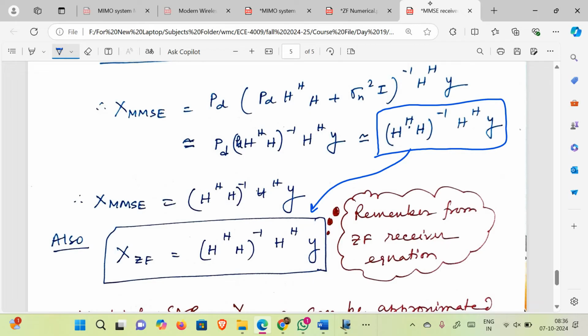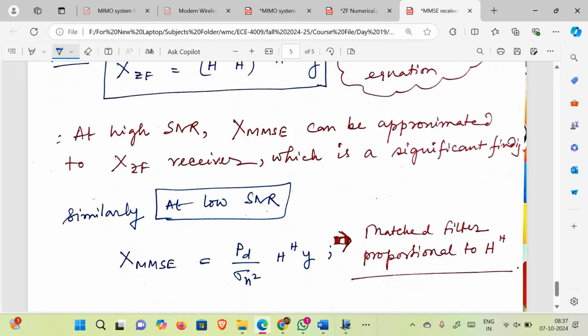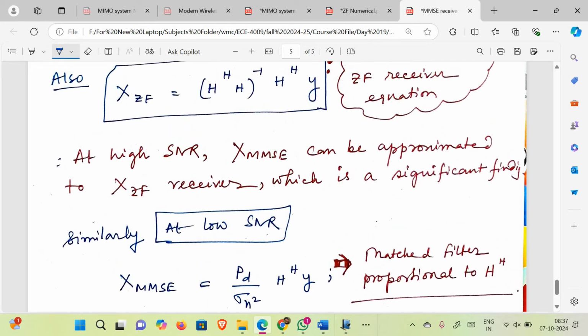So all the advantages of the zero forcing receiver, if any, are already there for MMSE at high SNR, including the noise amplification, which is significantly lower. That is one of the biggest advantages of using MMSE. So at high SNR, just remember this last line: X MMSE can be approximated to X ZF receiver, which is a significant finding.